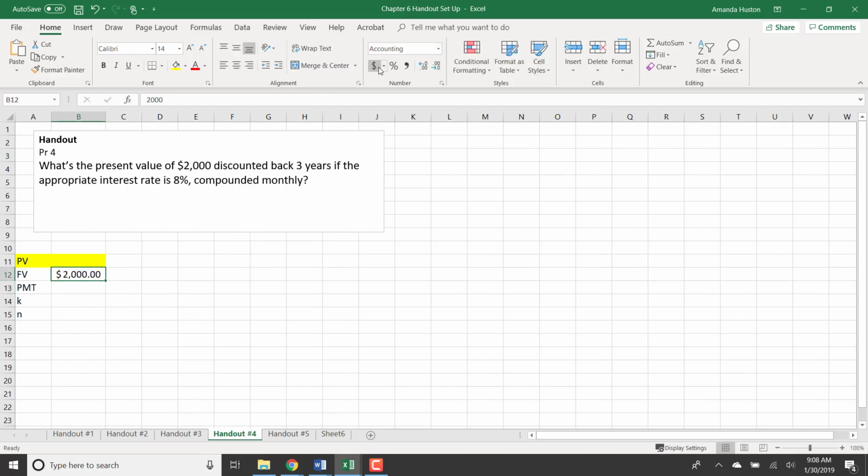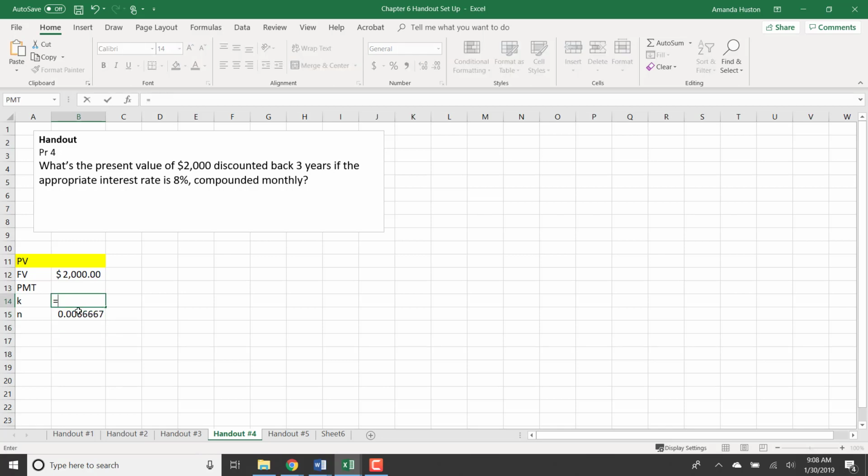And we know that the interest rate is 8%, but that's annual, and we need to divide this by 12 because it's compounded monthly. If it was compounded quarterly, it'd be divided by 4. If it's compounded semi-annually, like bonds, it'd be 2, right? So that's our monthly interest rate.